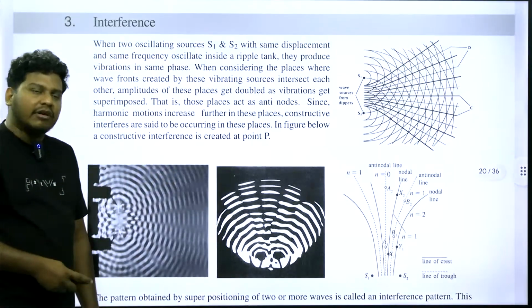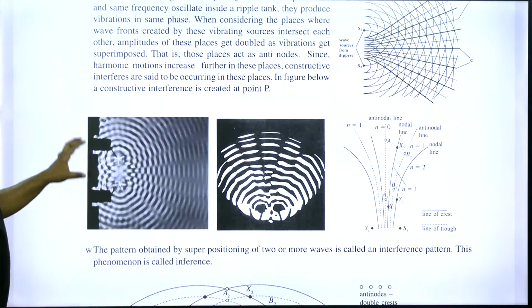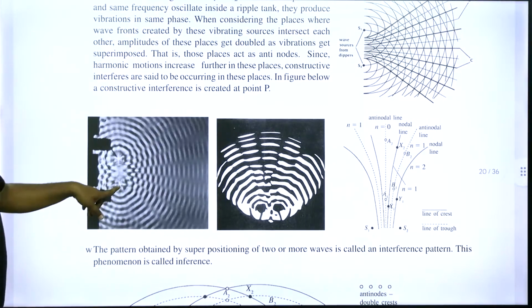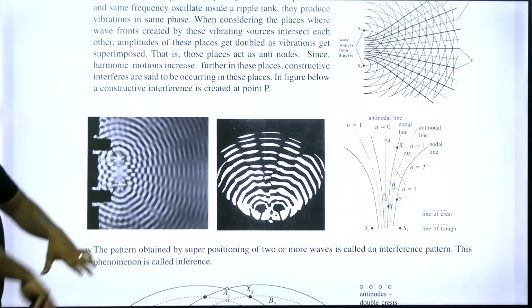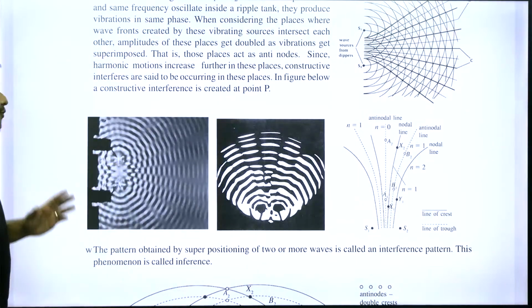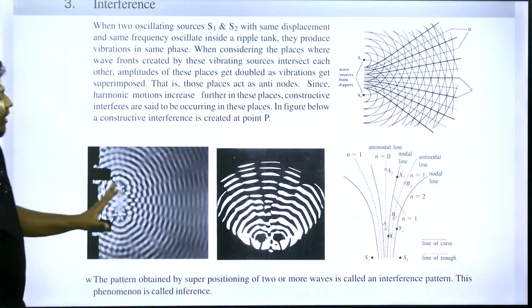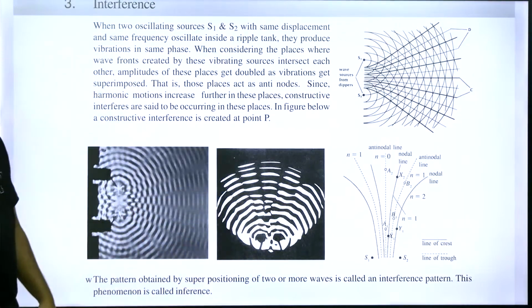So there are two vibrators vibrating. This will create a circular wavefront, and this will also create a circular wavefront. When these two circular wavefronts interfere, it will look like this.